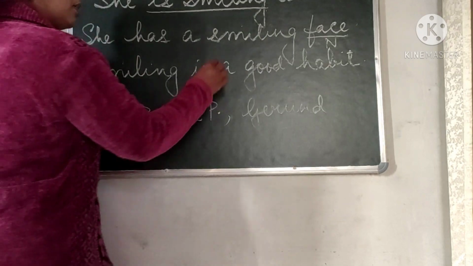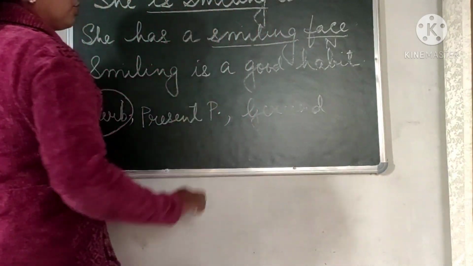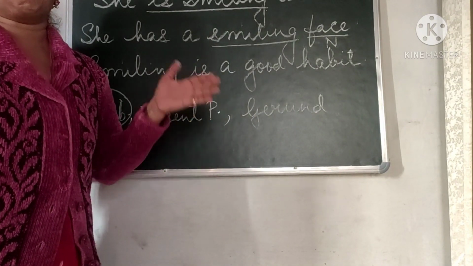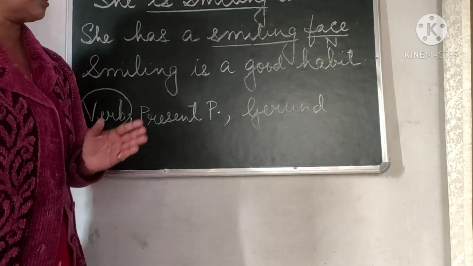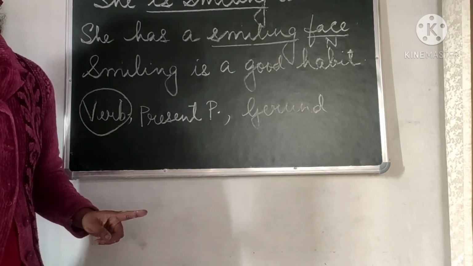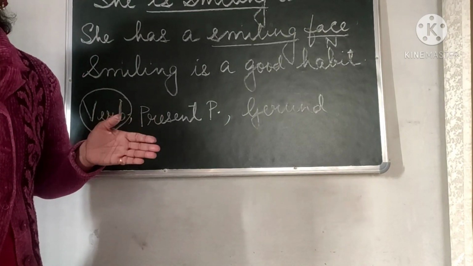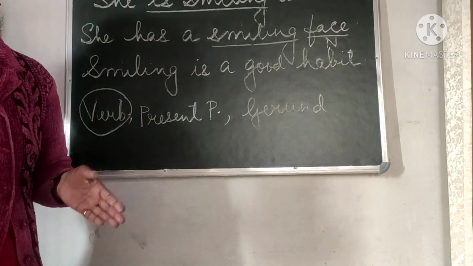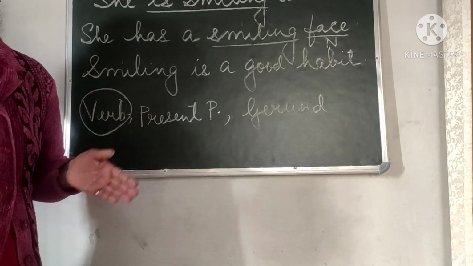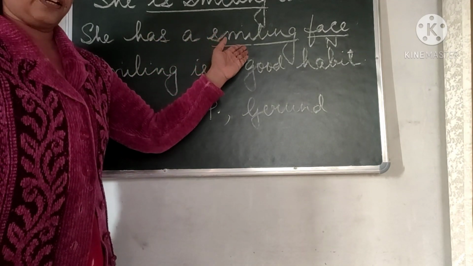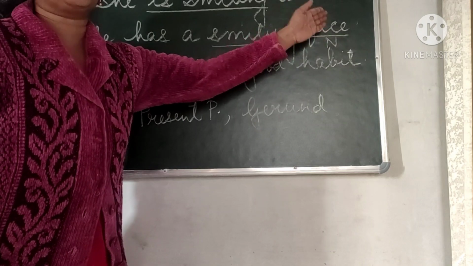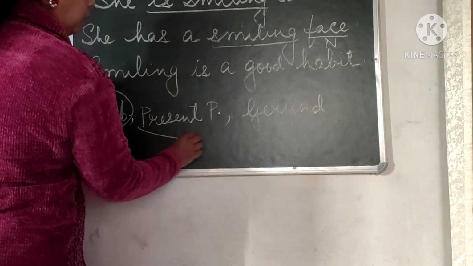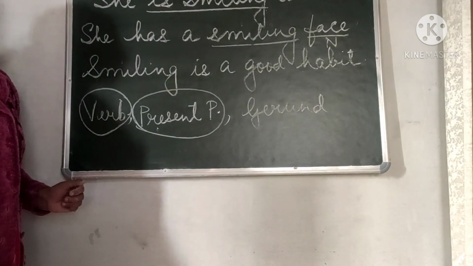So here this has been used as your present participle, or you can say as your participial adjective. It is not a verb. Though it is an action word, here it has been given the position of an adjective to describe this noun, which is your face. So the second one we have as a present participle.